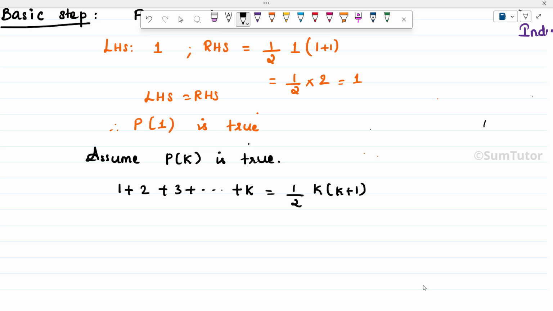In that we assume P(k) is true, and we have to prove P(k+1) is true.